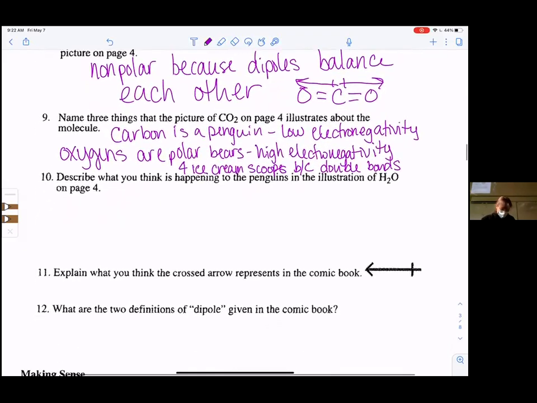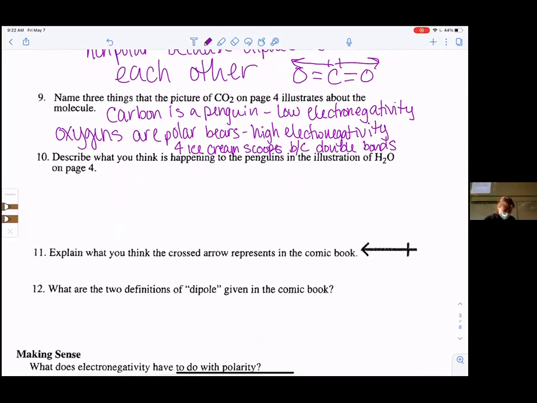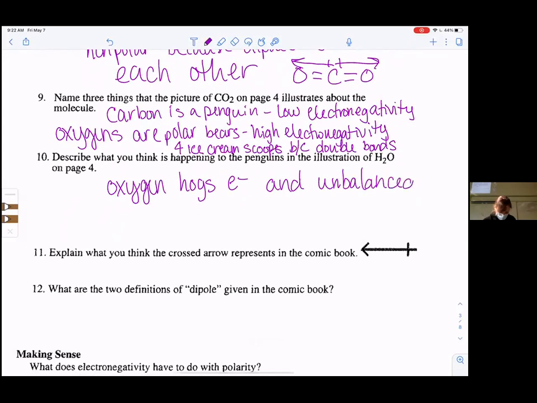All right, and we just talked about what's happening with water. The oxygen hogs the electrons, and it's an unbalanced molecule. So you end up with the hydrogen, oxygen, and the electrons get pulled towards the oxygen, the hydrogen's positive, and overall that gives us a net dipole.